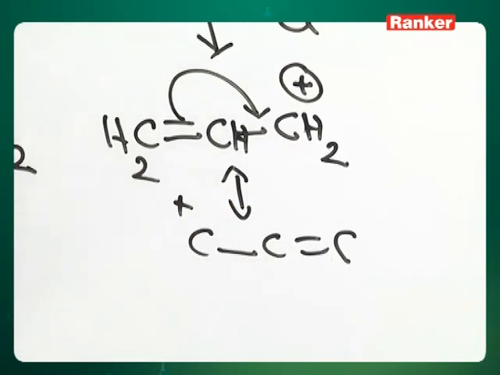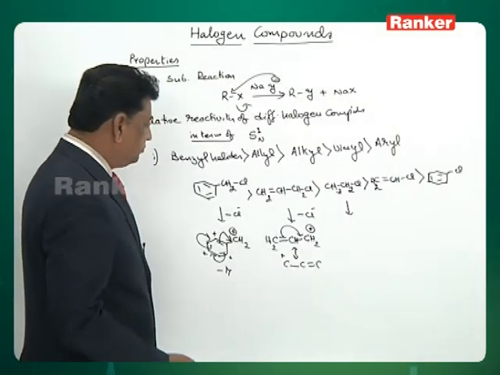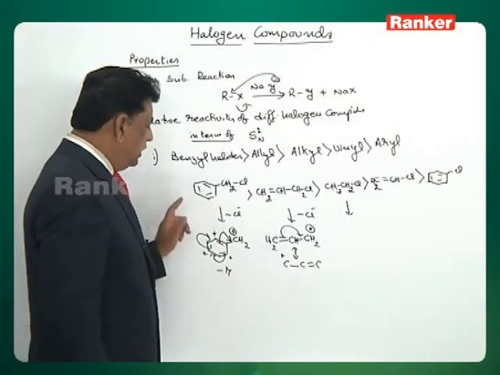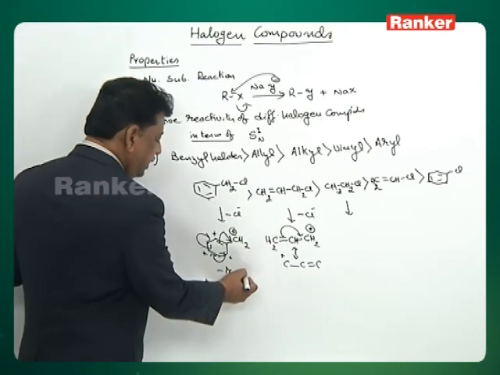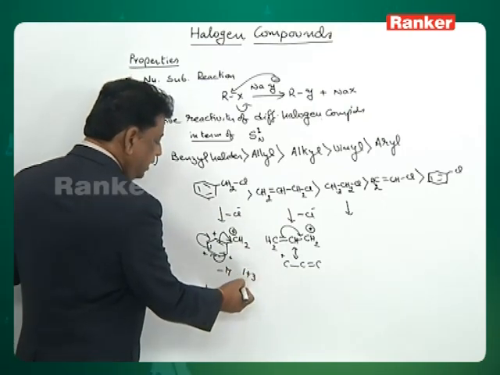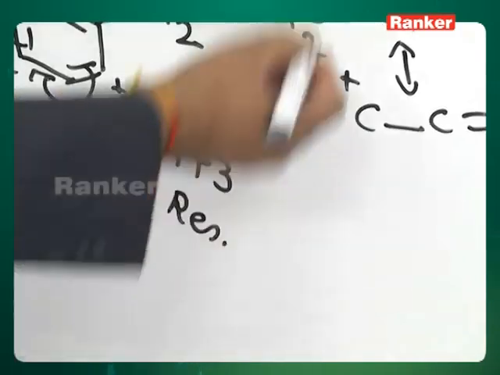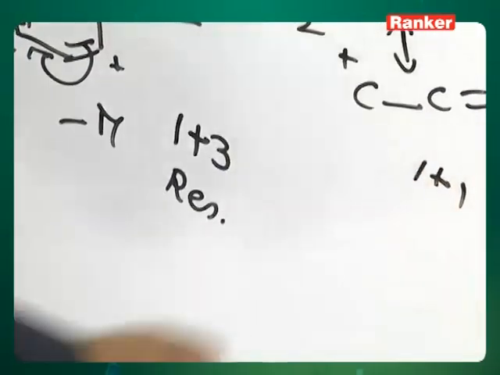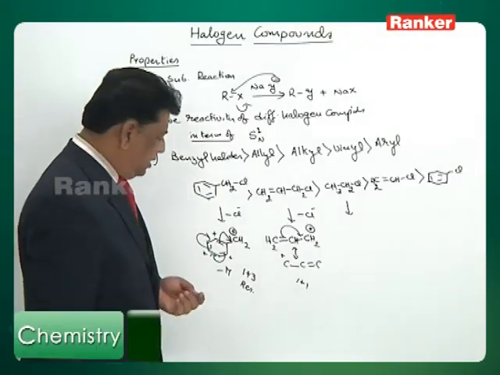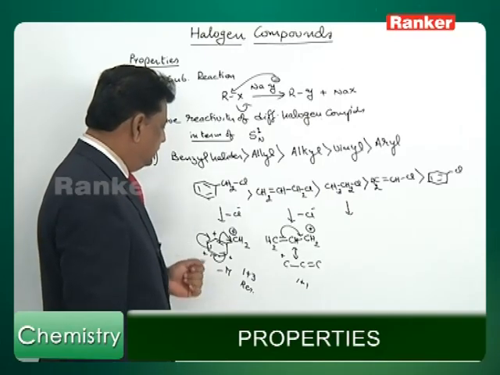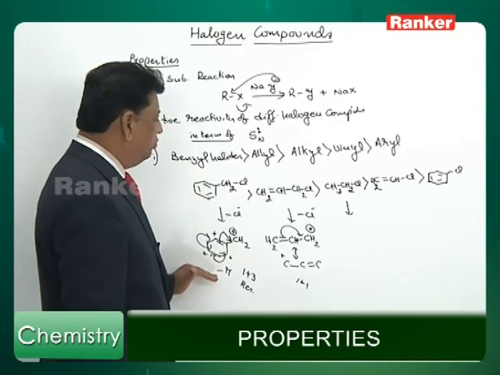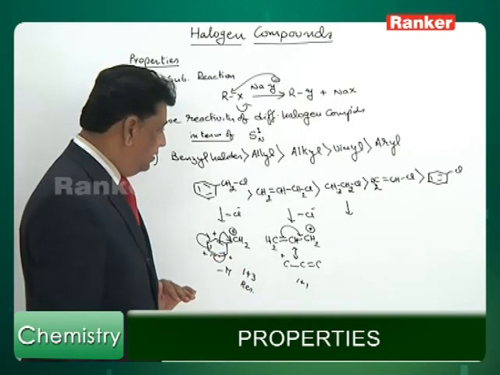So it is resonance stabilized. However, within these two, you have to say that the benzyl has 1 plus 3 resonance structures, whereas the allyl has only 1 plus 1. The more the number of resonance structures, the more the stabilization. Once this ion is formed, product formation becomes easy.